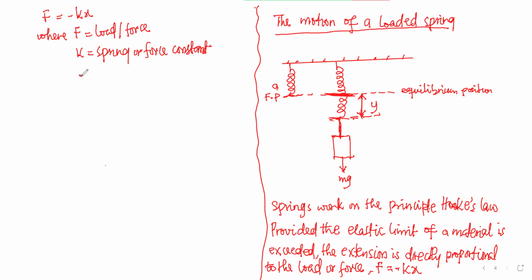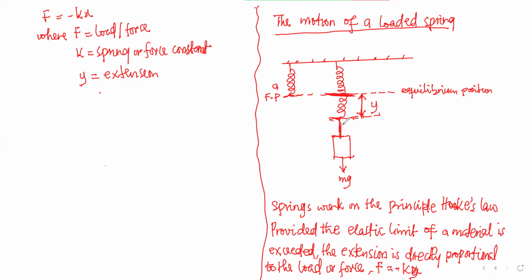And X is equal to the extension. In what we've done, our extension is actually Y, so instead of X, let's use Y to suit what we have. Okay, this is Hooke's law.